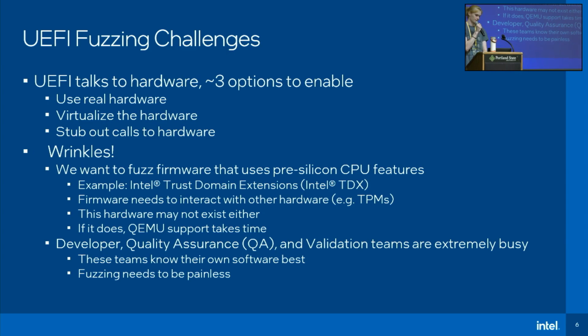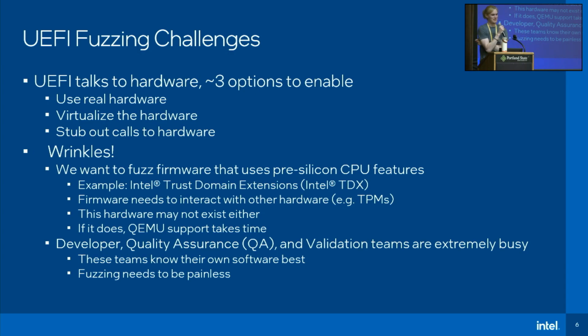So, we don't have the CPUs. We don't have virtualization. And most importantly, we do not have any time. So it's a really hard sell, as many of you are probably aware, to go to a development team that has a bunch of sprints and a bunch of upcoming deadlines and say, hey, we need you to stub out all of your hardware functionality so that we can fuzz your stuff.